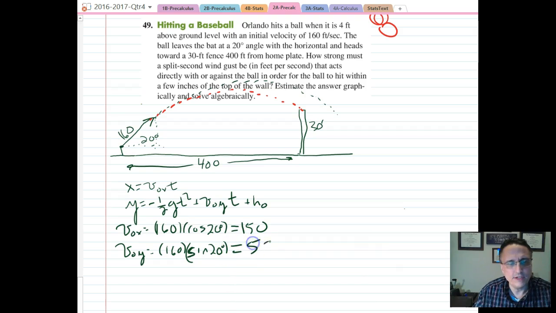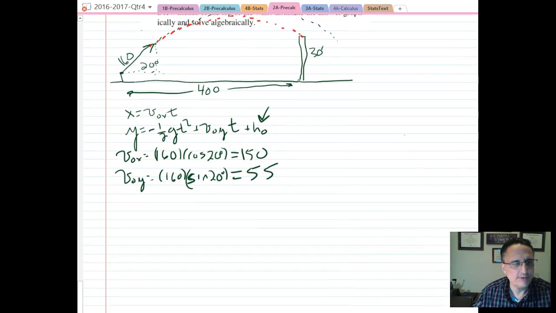So that'll be 55. We know the initial height of the ball when it is hit is 4 feet, so that's what the h0 is going to be. We know that g is going to be 32 because this deals with feet.